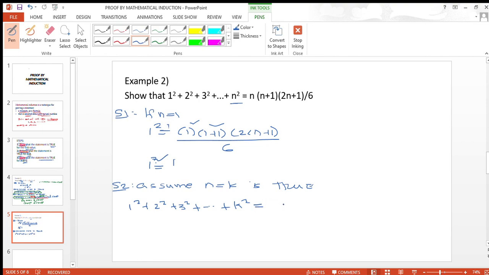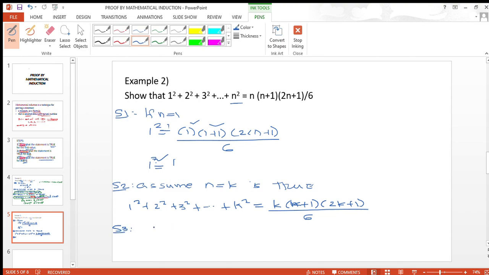We change n by k. So every n that you find in the right side, you just change it by k. That's k times k plus 1 times 2k plus 1, everything divided by 6. So again, in step 2, you don't need to solve anything. You don't need to prove anything. You just assume.